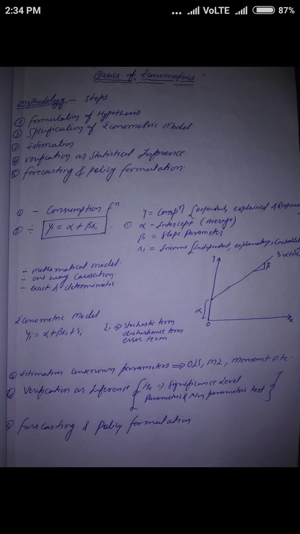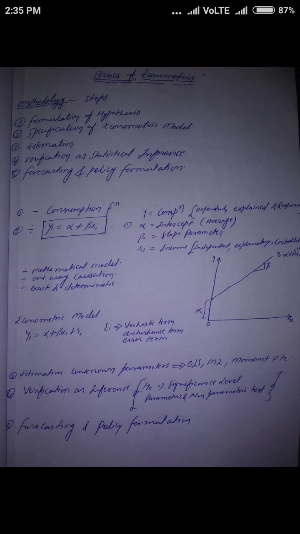So to include these variables, we have to reformulate our mathematical model. We include the error term that captures all the factors that may affect our consumption level besides our income xi.